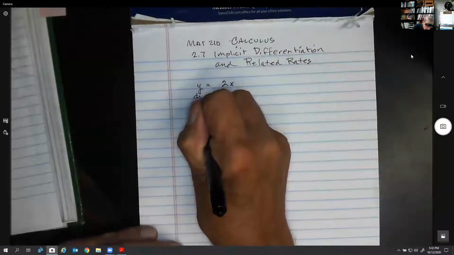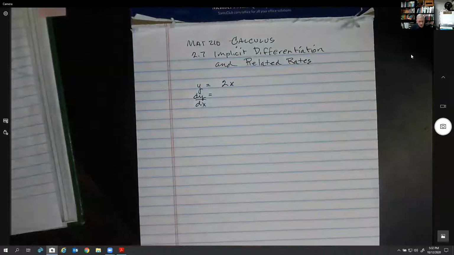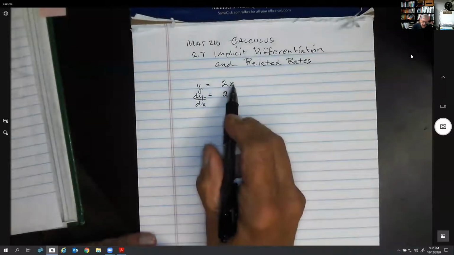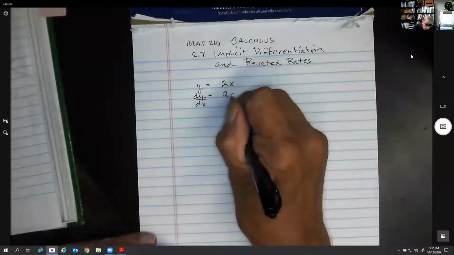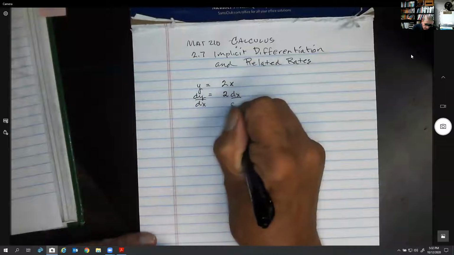We're going to use this notation, dy over dx equals. When we take the differentiation of 2x, we actually get 2 times the derivative of x. And this would be the derivative of x with respect to the derivative of x.